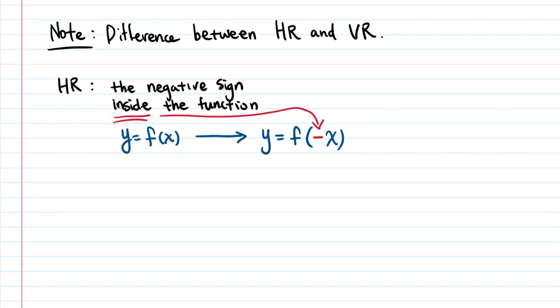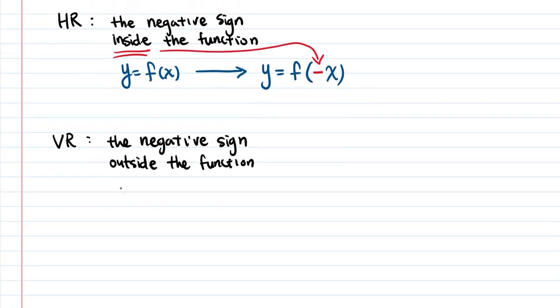For the vertical reflection, it is the opposite. The negative sign will be outside the function. f of x is the original. Vertical reflection happened. The negative goes to the y variable. So negative y equals f of x.